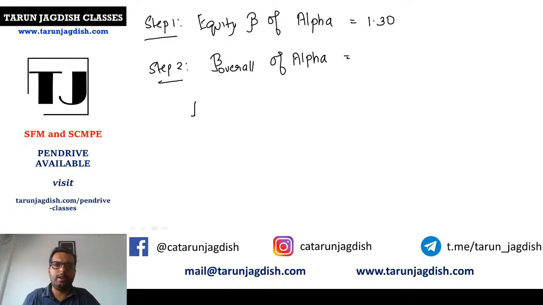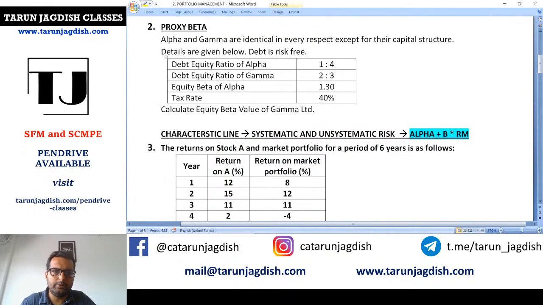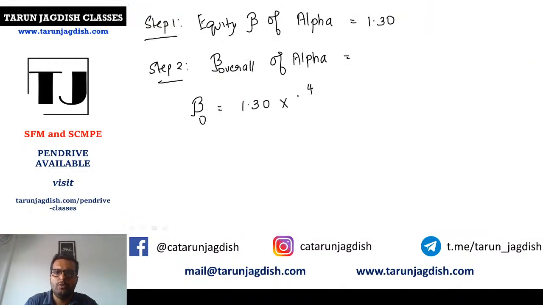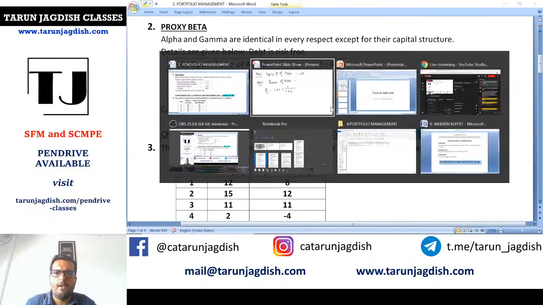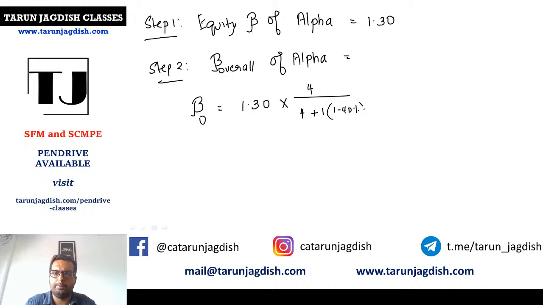For this I'll use the formula beta overall is equal to beta equity, that is 1.3 into E divided by E plus D. So the debt equity ratio of alpha is how much? Is it turning out to be 1:4? So 1 is debt, 4 is equity. 4 divided by 4 plus 1 into 1 minus 40%.